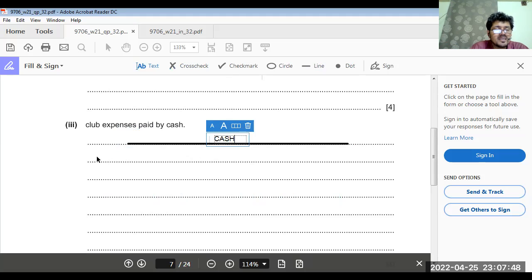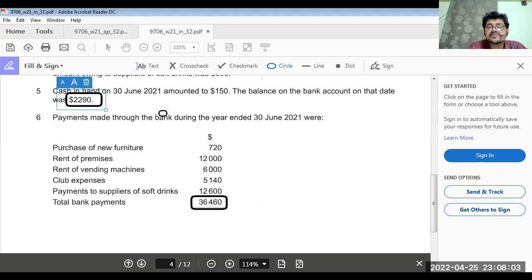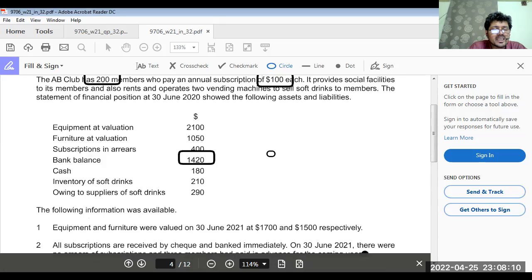Now see opening balance. Balance b/d of cash is how much?